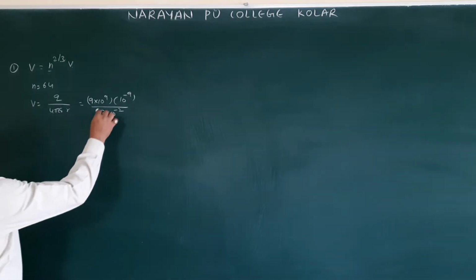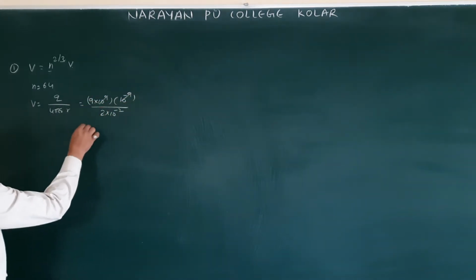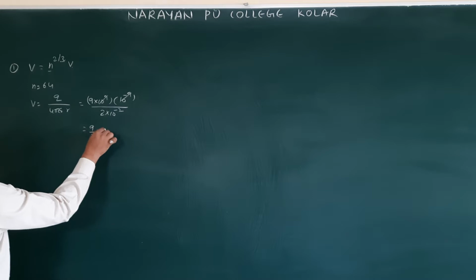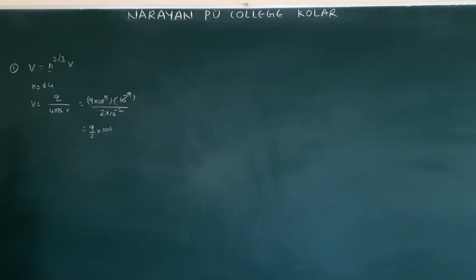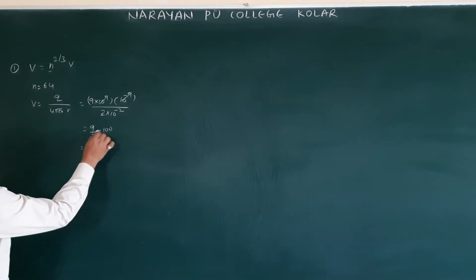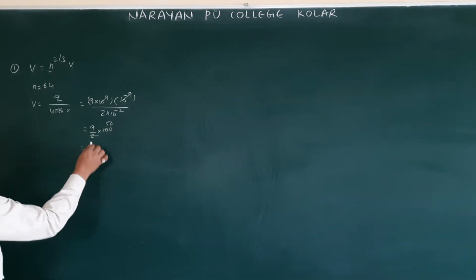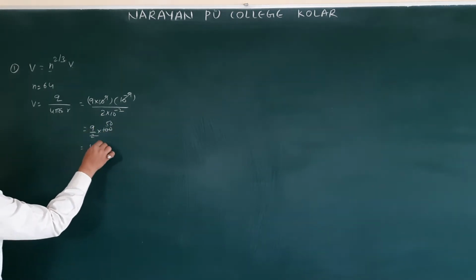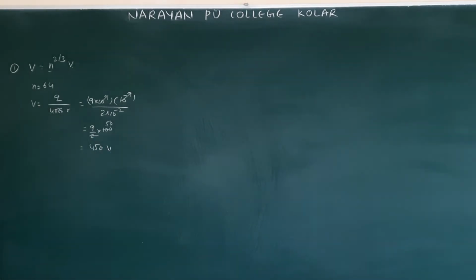If you cancel this, 9 by 2 into 10 square goes to the numerator. So 9 by 2 means this will be cancelled, 50 times. Small v is 450. Then what is the n value? 64 drops.